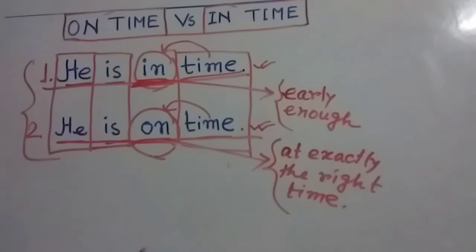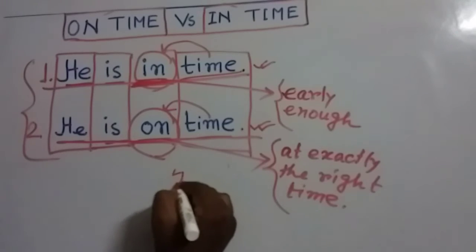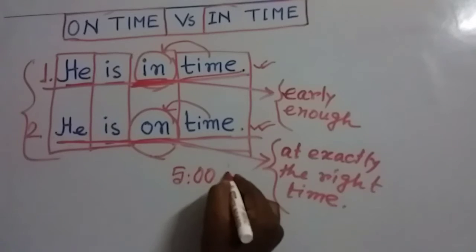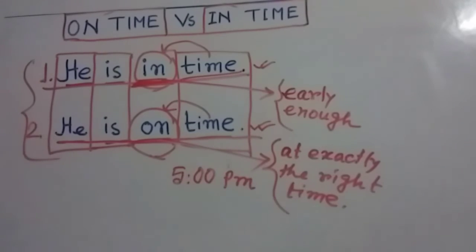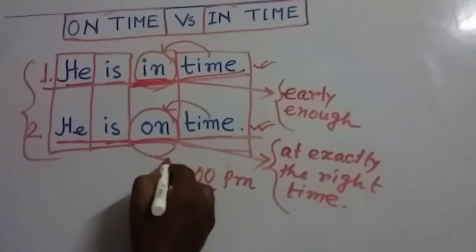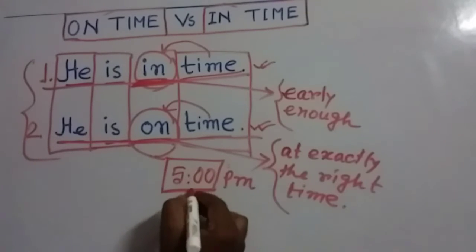Actually, my dear friends, I'm just gonna give you one example. Suppose for any kind of activities, we decided earlier that we all will meet at 5 p.m. Some of the persons reached at 5 p.m. dot.